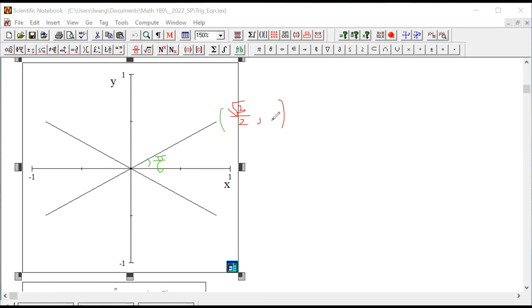And you don't have to mark the blue. And this is a negative √3/2. You don't have to mark the blue number. And this one is negative √3/2. You don't have to mark the other one. You can mark this number, which is √3/2. You don't have to mark the blue.